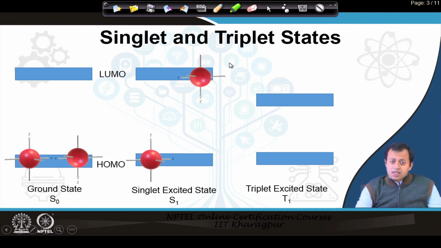However, there are certain anomalies, aberrations that happen when you have the same spin appearing at a LUMO level, strictly not LUMO, below LUMO, and this is called a triplet excited state.